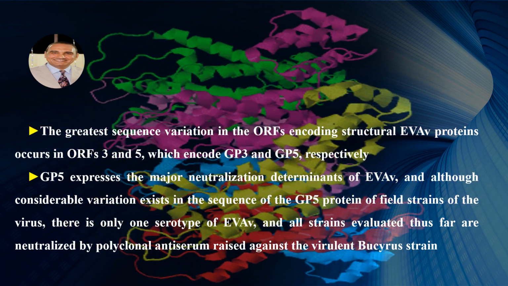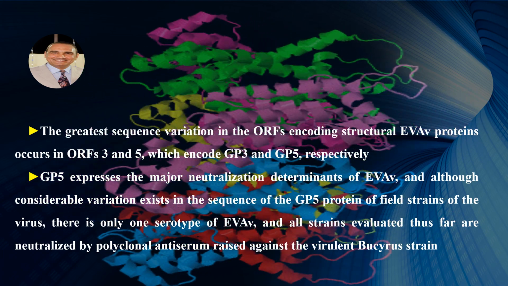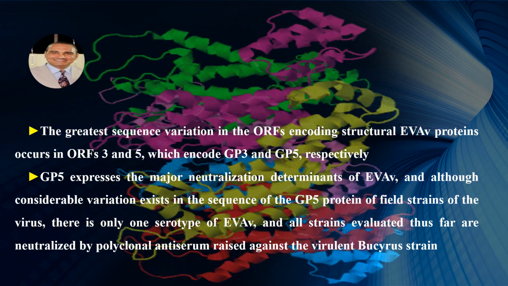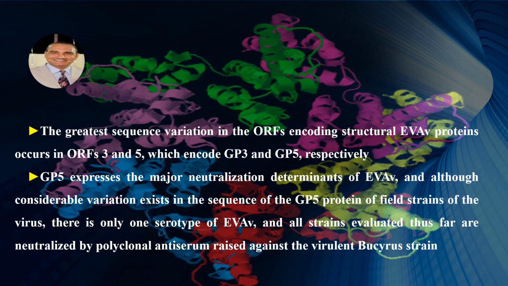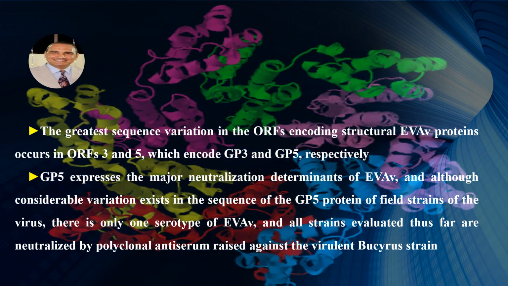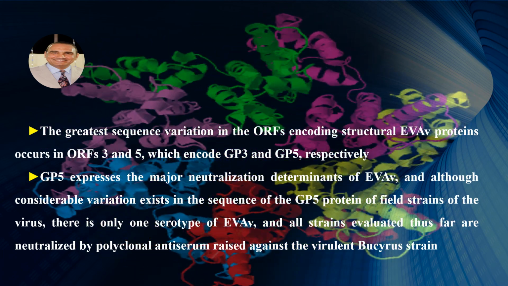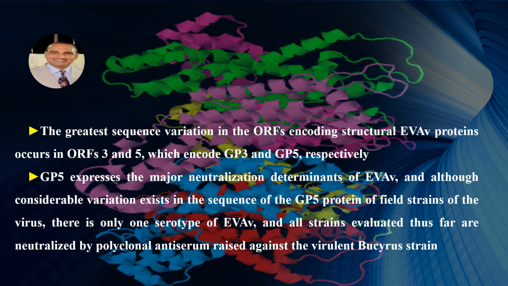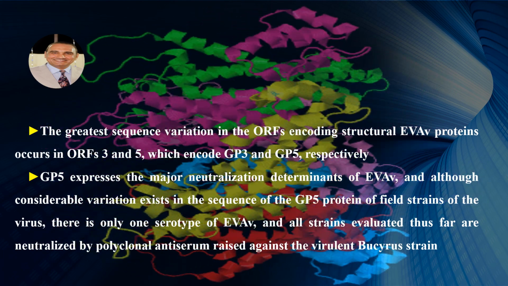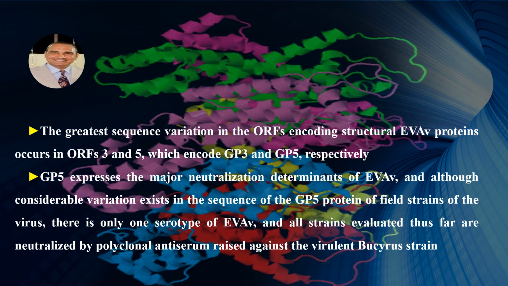GP5 expresses the major neutralization determinants of equine viral arthritis, and although considerable variation exists in the sequence of the GP5 protein of field strains of the virus, there is only one serotype of equine viral arthritis, and all strains evaluated thus far are neutralized by polyclonal antiserum raised against the virulent Bucyrus strain.